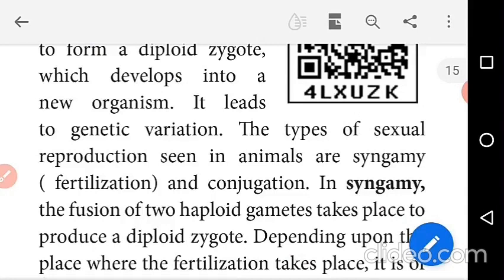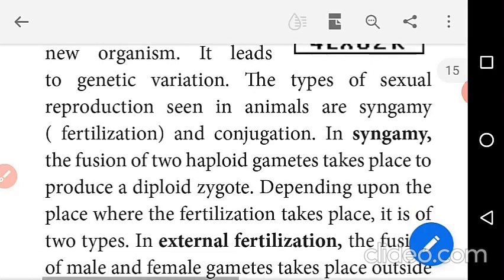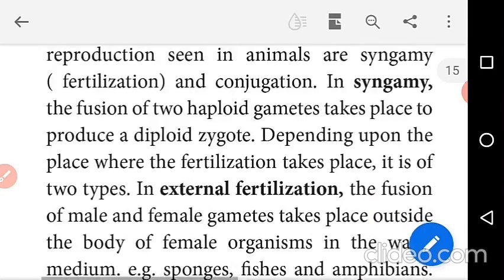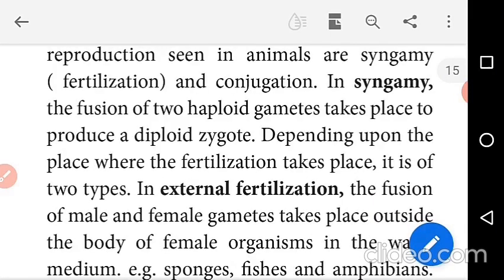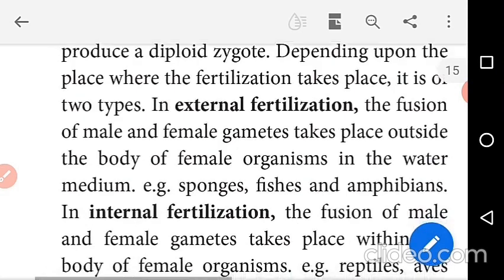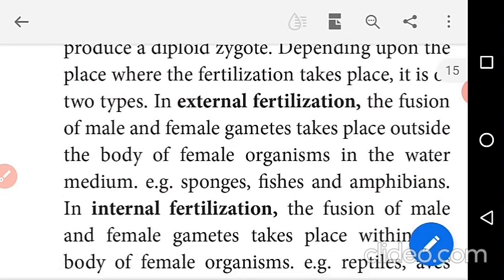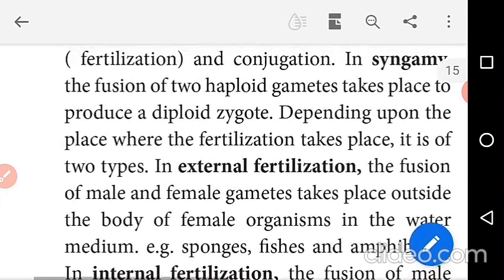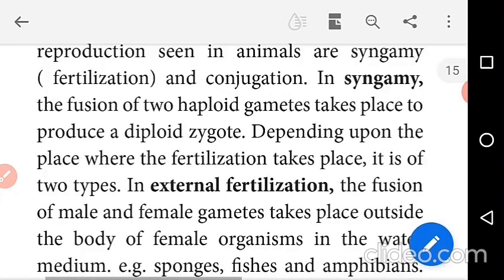Then after that, they produce the diploid zygote. Depending upon the place where the fertilization takes place, there are two different types of fertilization: external fertilization and internal fertilization. What is meant by external fertilization? After the joining of the gametes, when both male and female gametes are released in the water medium.